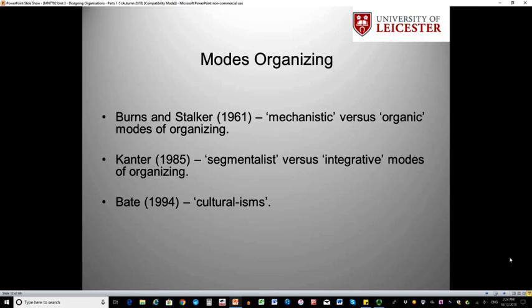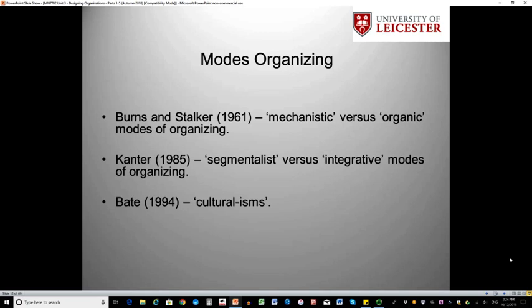In contrast to that, Cantor talks about the integrative mode, which is modes of organising that encourage integration between the different elements, components, parts and functions of the organisation. She calls this an integrative mode because it's about how individuals in different parts of the organisation communicate with each other. And this mode is therefore one that encourages boundary spanning.